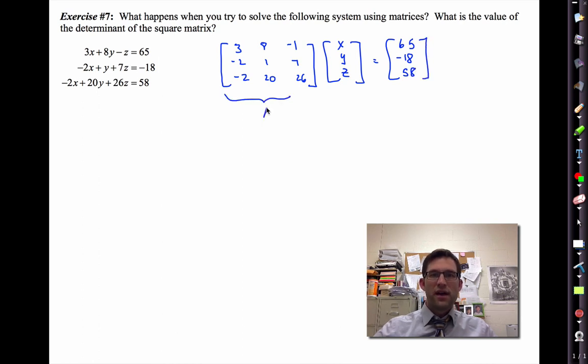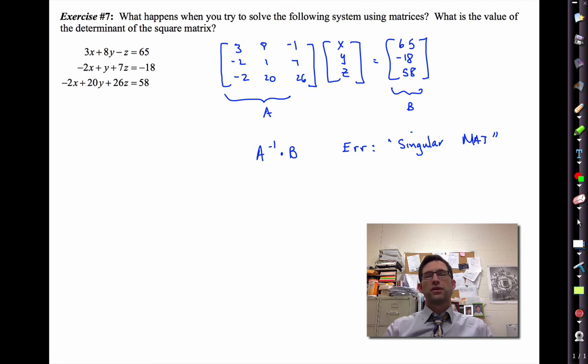If we put that in A, and we put that in B, and then we do A inverse times B, what we get, at least on my TI-84, is an error that says singular matrix, singular matrix.